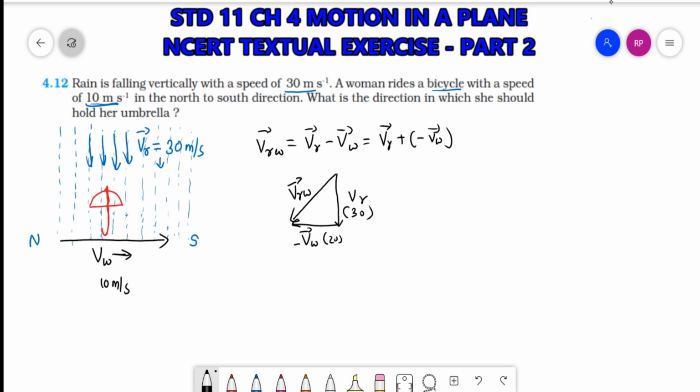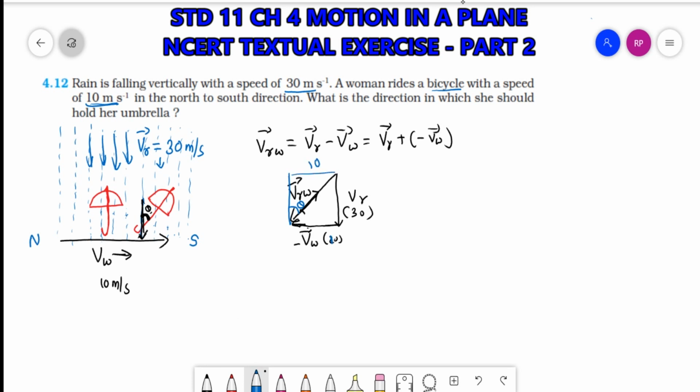So the umbrella must be tilted in this direction. You can see here in the figure that the umbrella is tilted by this angle theta with the vertical direction of rain. So we need to find out this angle theta. Sorry, it's 10, not 20.